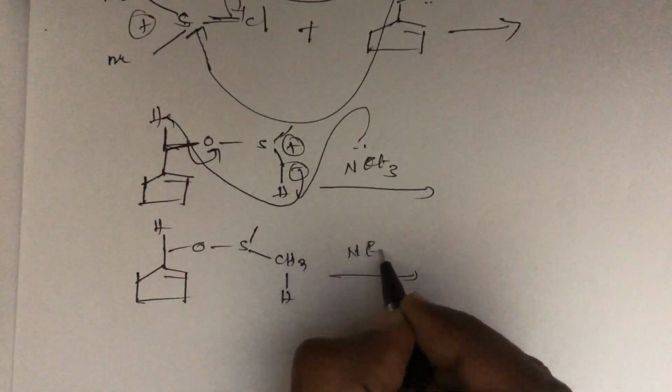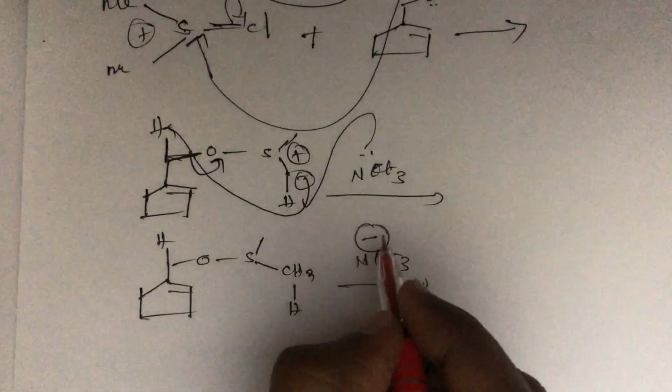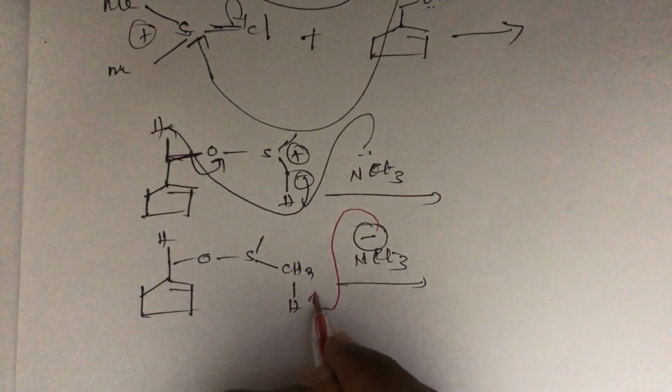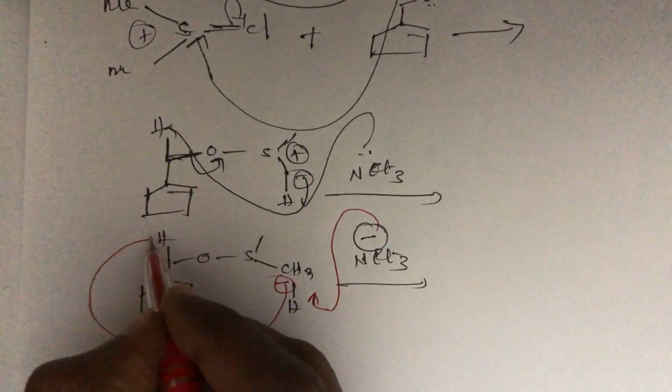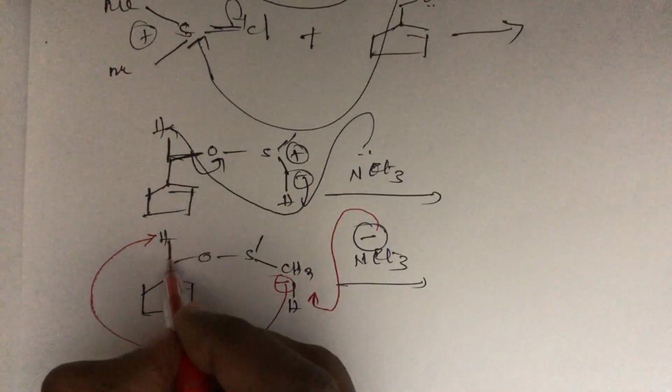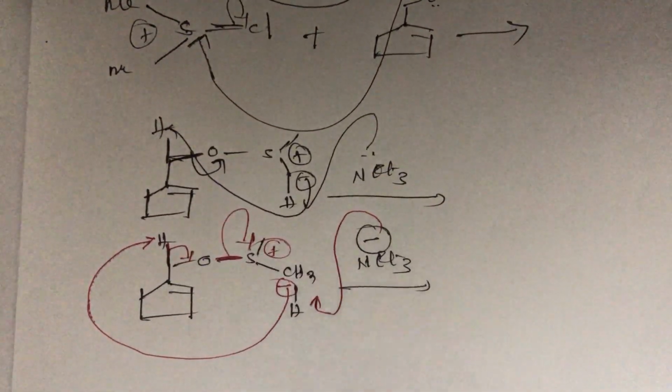So when it is treated with a base, it will take the proton here, negative charge. This negative charge will attack on this proton. So this bond is migrated here. So this bond is migrated here.